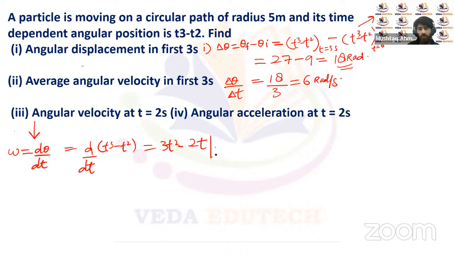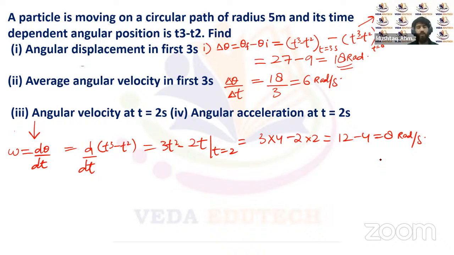Now, we can put the value of t equal to 2 in this equation. So it will be 3 multiplied by 4 minus 2 multiplied by 2, that's 12 minus 4, equal to 8 radians per second. That's the angular velocity at time t equal to 2 seconds.